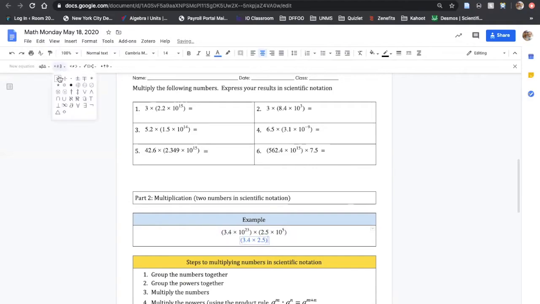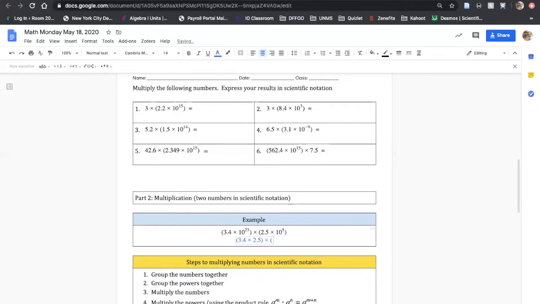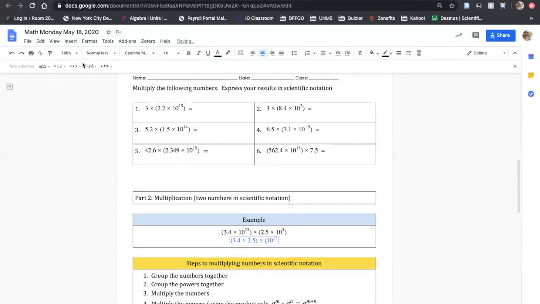And all of that is getting multiplied by, now I need to group the powers together, so these pieces with the exponent. So I have a 10 to the 23rd power multiplied by 10 to the 5th power.